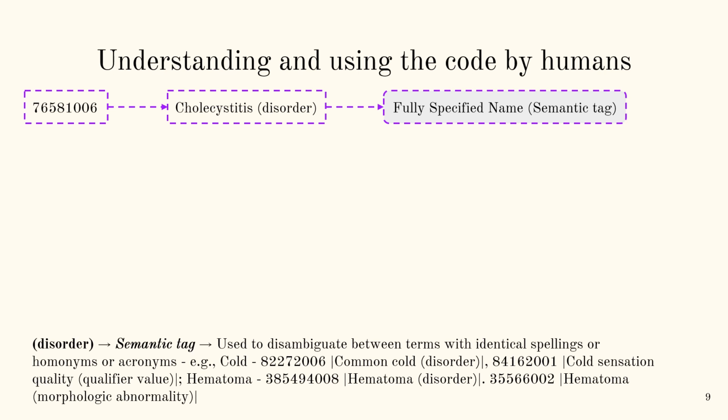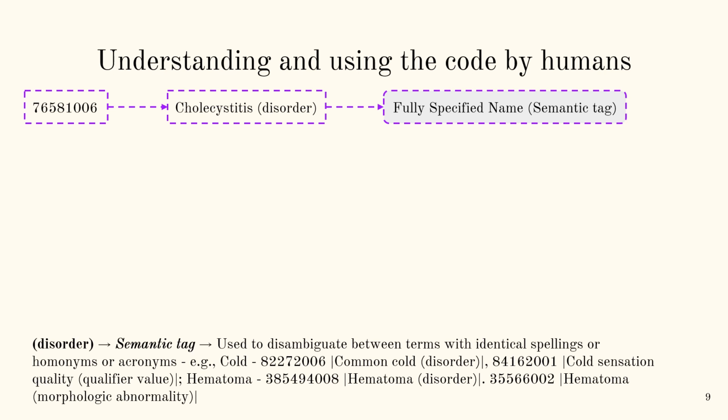For example, cold. Now cold could be common cold. It could also be cold sensation quality. Now if for any reason it is not correctly mapped within the system, the user enters something which they want to record, but because of the wrong mapping, it ends up being interpreted as something else. Same case with hematoma.